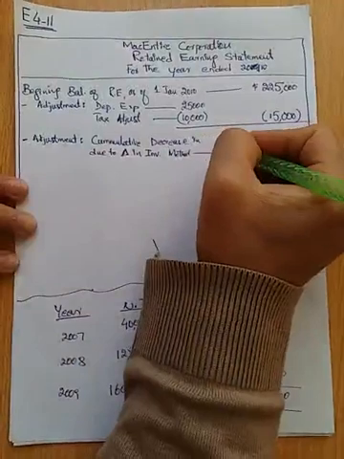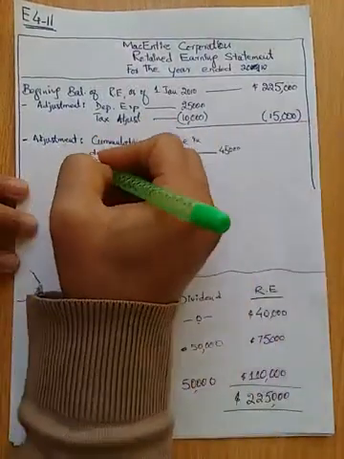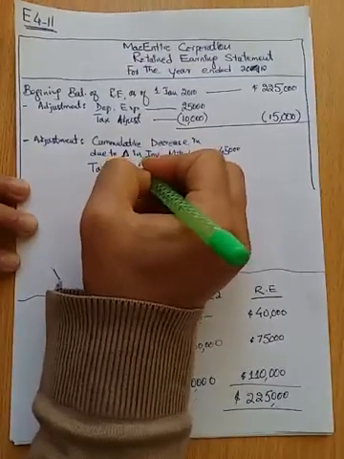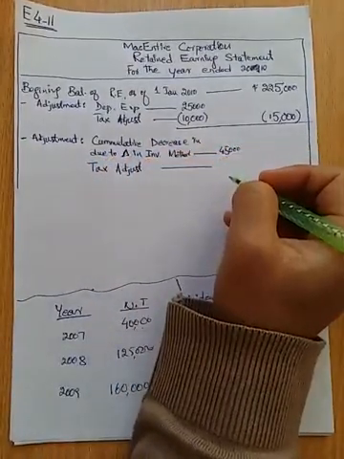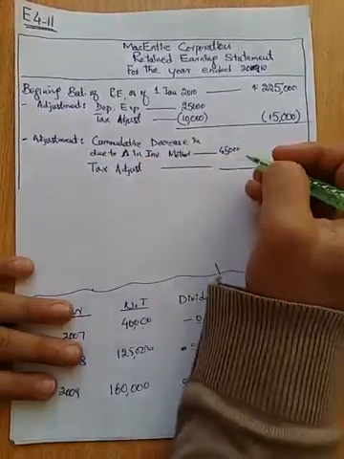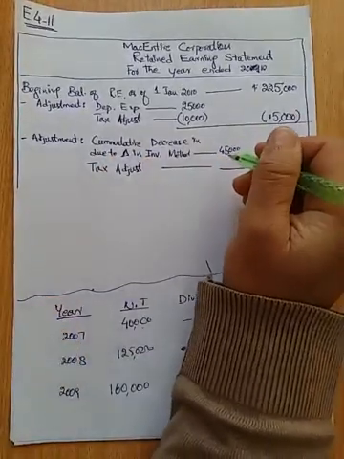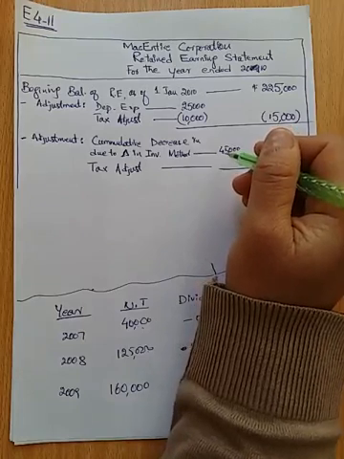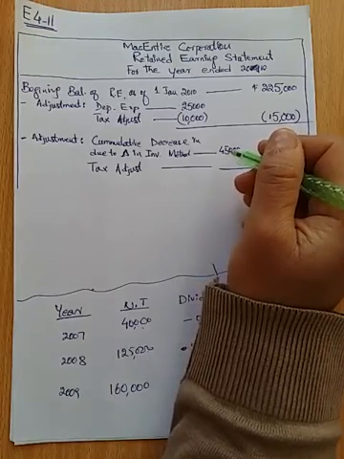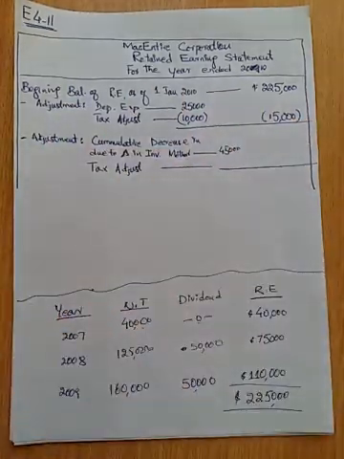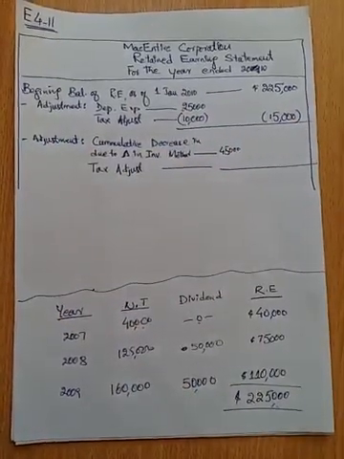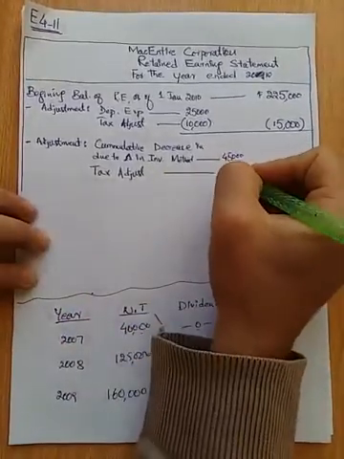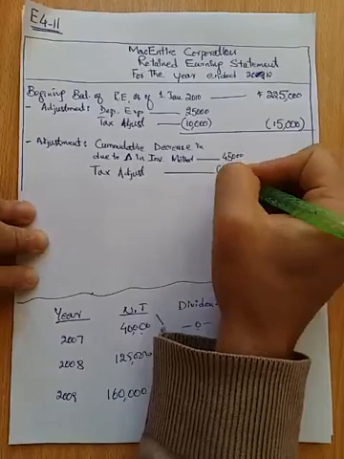So I will write $45,000, and then obviously tax adjustment should be done, which is 40% of this value. Okay, so if I multiply 40% with $45,000, let me do the calculations first. Okay, so we get $18,000 the tax adjustment value.